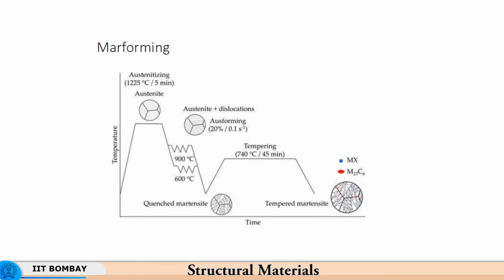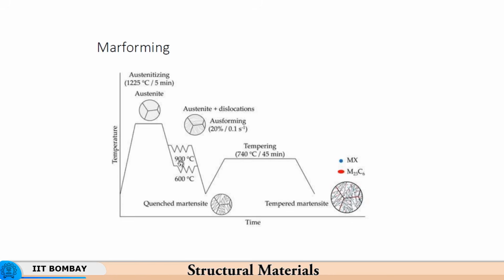So it is called a marforming process, where you austenitize the material as before, and instead of just holding it at a lower temperature for homogenization of the structure, you deform the material at 900 degrees centigrade, or at a high temperature, at an intermediate temperature, then cool it down again very rapidly, and again deform it at a relatively lower temperature.